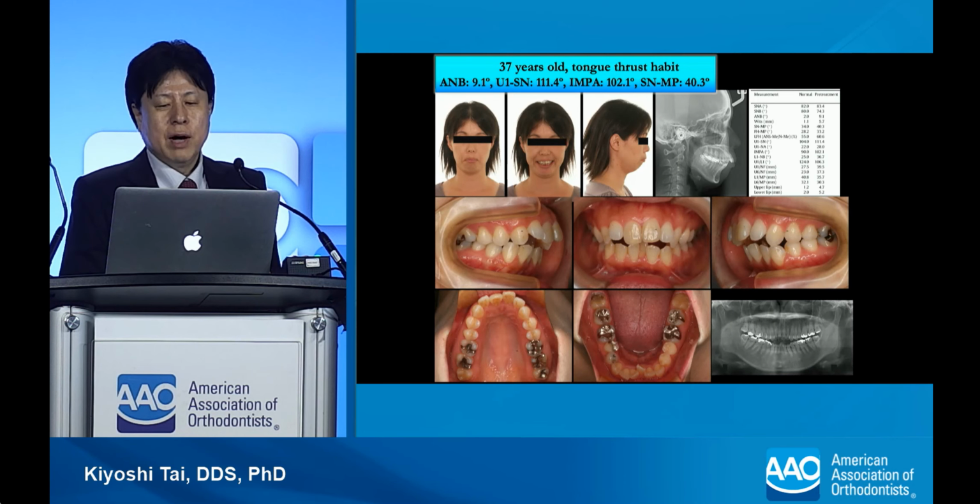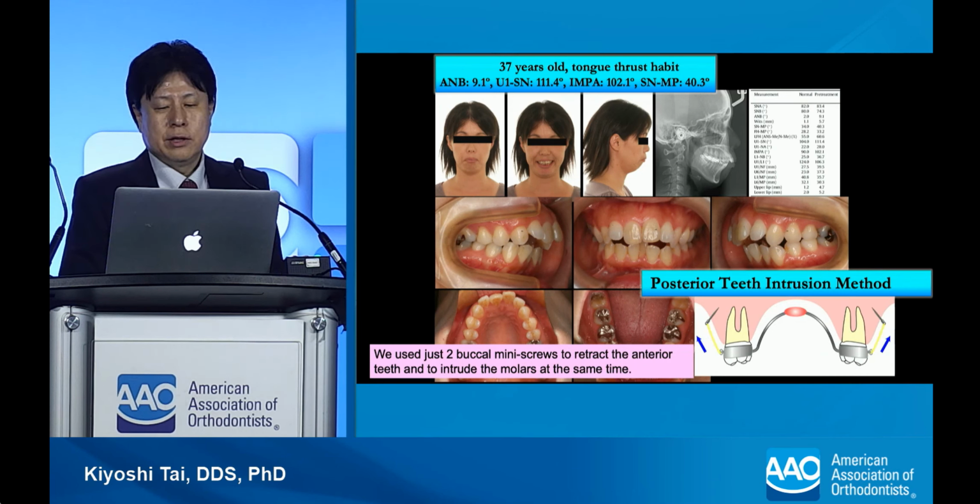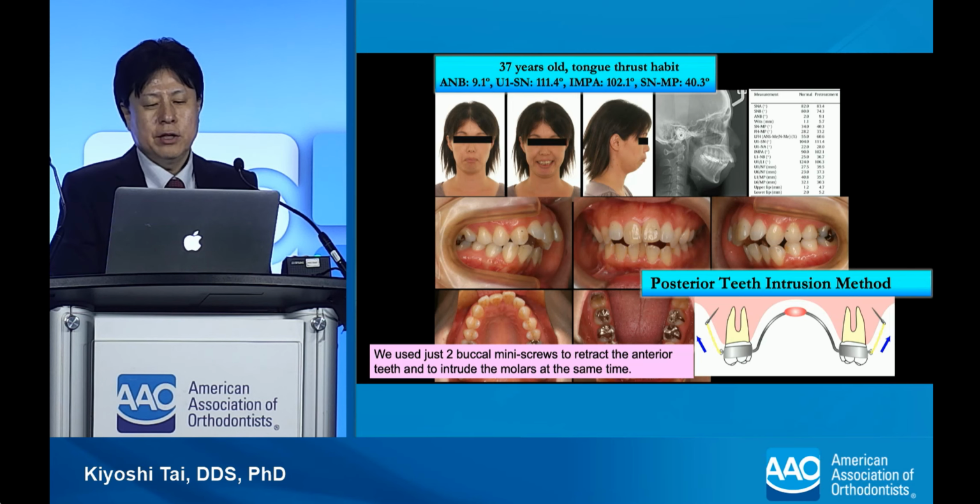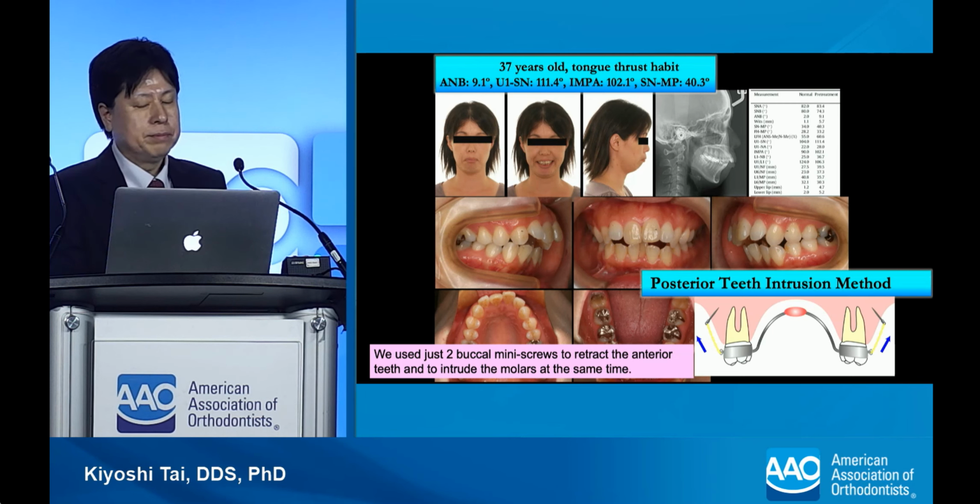Please let me show you one of them. This is a summary of the pre-treatment record of the first case report. We used just two buccal mini screws to retract the anterior teeth and to intrude the molars at the same time.